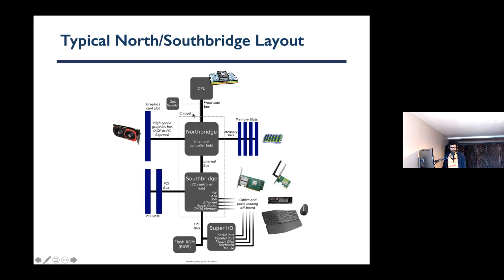So by just looking at this, you had the CPU sitting as the commander, and then you had a really, really fast interconnect connecting the CPU to the memory. This microcontroller here is called the Northbridge or memory controller, which connects the CPU to memory. We kind of talked about the memory controller.